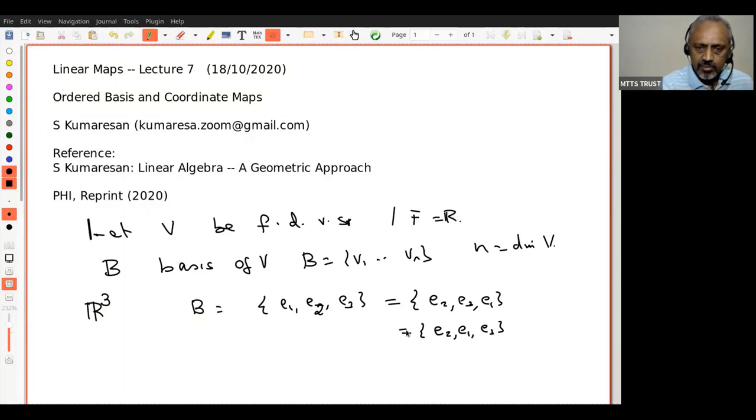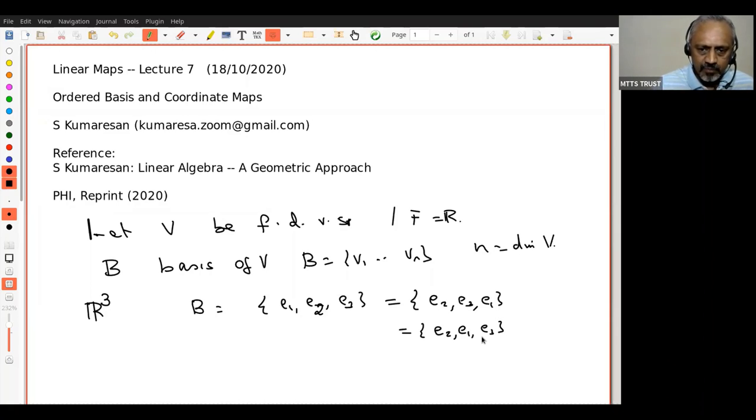As sets, none of them are distinct; they are all equal. But in this one, e1 comes as the first basic element, e2 as the second, e3 as the third. Whereas in this expression, I would think of e2 as the first element, e3 as the second element, and e1 as the third element, and so on.